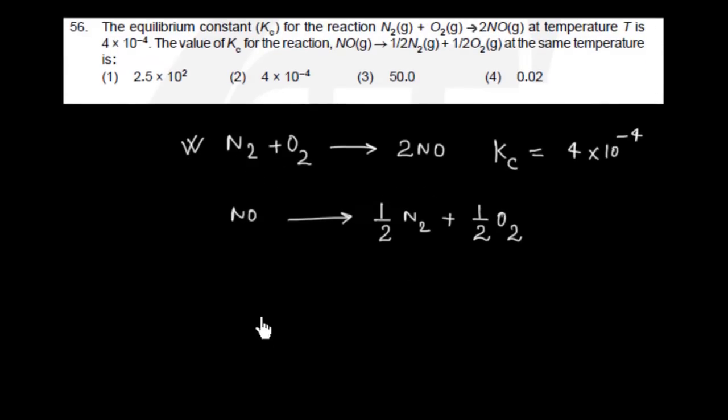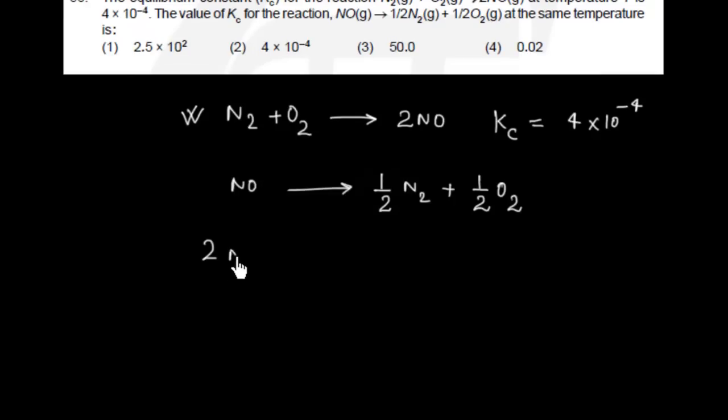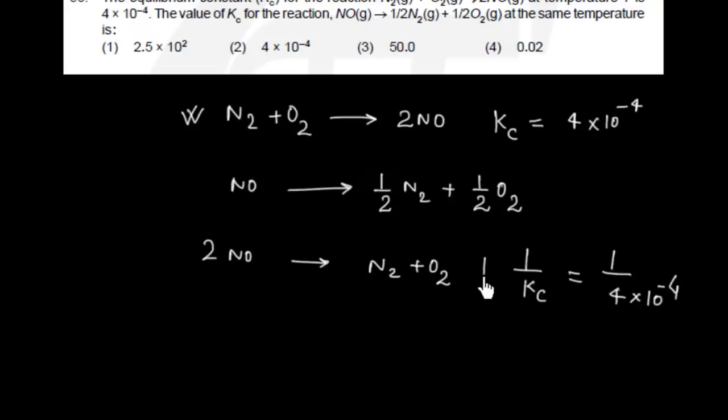First, if I reverse this equation, that is 2NO gives you N2 plus O2, the equilibrium constant will be reversed, that is reciprocal. So I will have 1 by 4 into 10 to the power minus 4. So the equilibrium constant for this reaction is this.